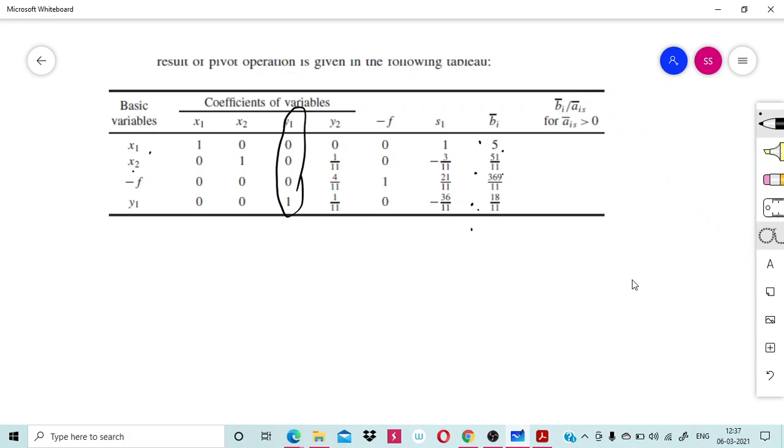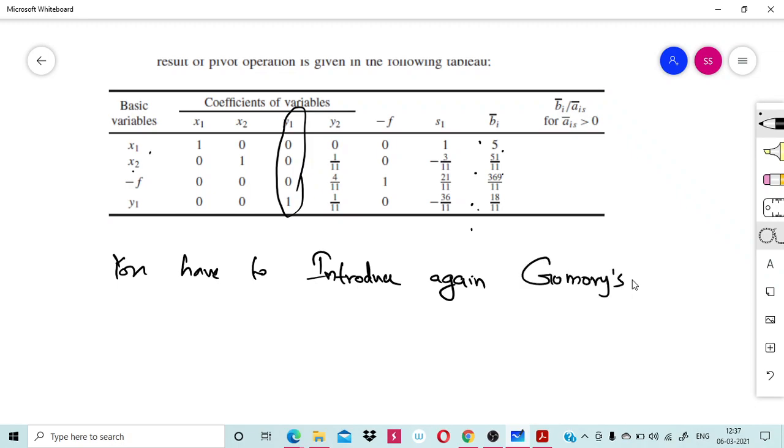So what you have to do is introduce again a new Gomory's constraint.